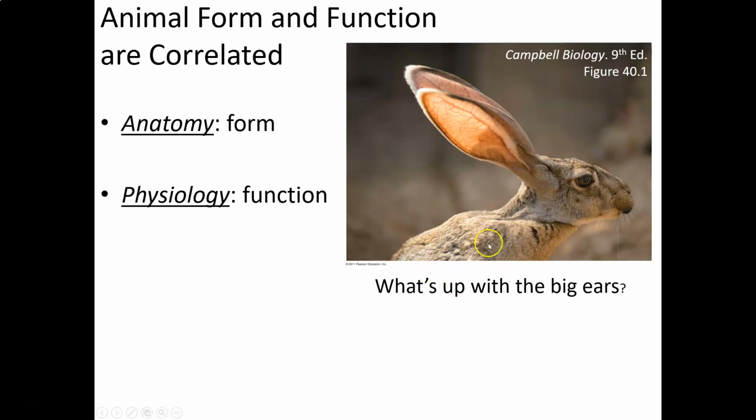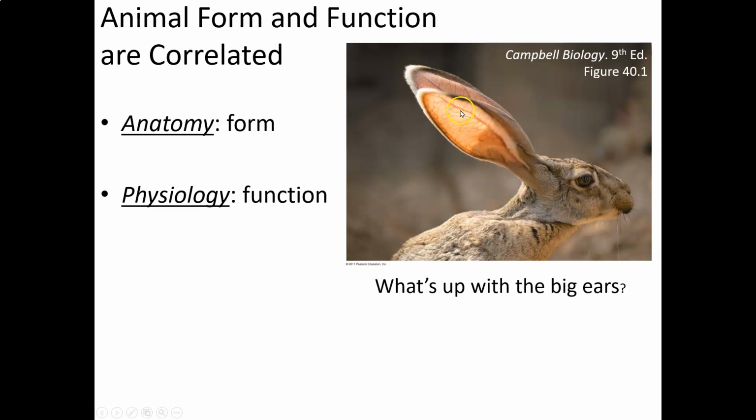Well, jackrabbits you usually find in environments like the desert where it's very hot. Unlike humans, rabbits don't have sweat glands, so they can't use evaporative cooling through sweating. One of the ways they stay cool is by panting, breathing out heat, but also by having these very, very large ears.